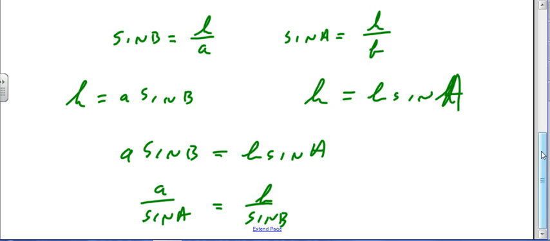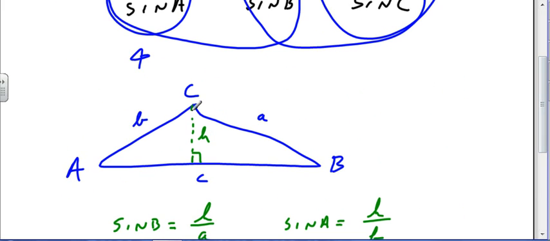But to get the other one, I have to construct an altitude someplace else, H prime, and I'd end up with a different answer for H prime because it's a different thing.